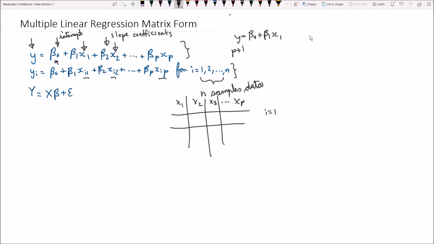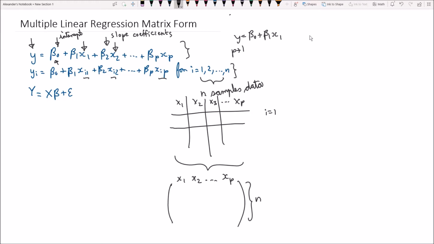So for our data, we have got x being just the data. If we look at the data, we're going to have x1 over here, x2, all the way up to xp. And we have got n such rows.